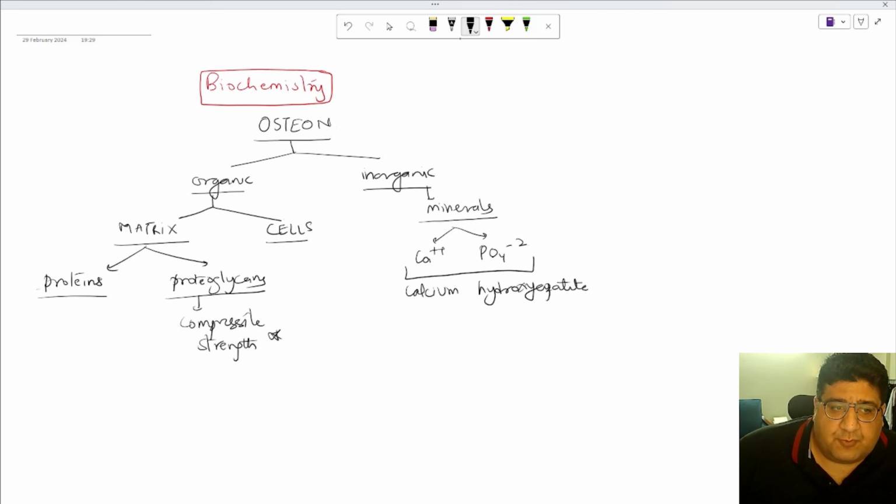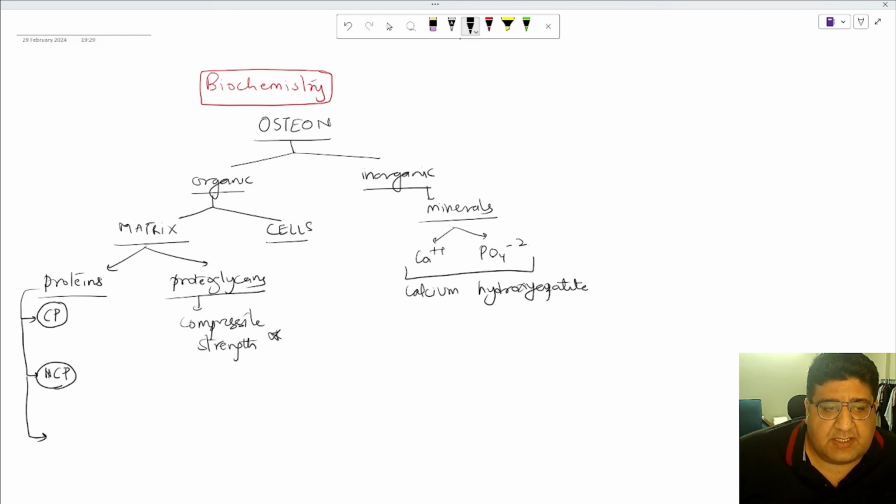As far as proteins are concerned, they are further composed of three things. One is the CP, which is the collagenous protein. The other one is the NCP, which is the non-collagenous protein. And the third one is what is called an enzyme.